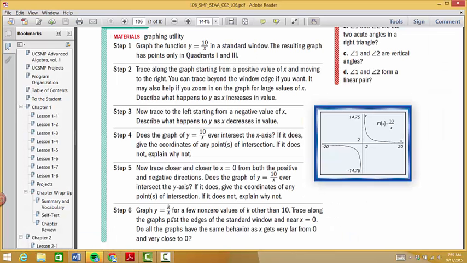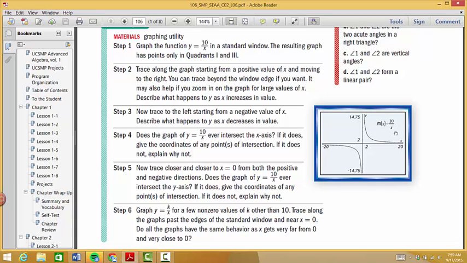Alright, step 4 asks: does the graph of y equals 10 over x ever intersect the x-axis? We've already explained that with steps 2 and 3. The answer is no. But the question is why? Let's look at our equation, 10 over x.